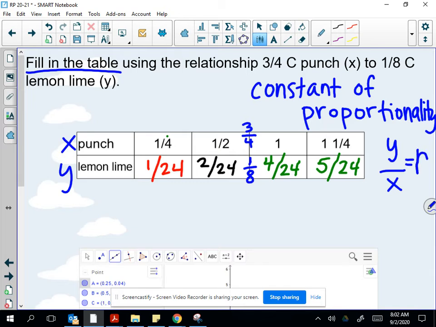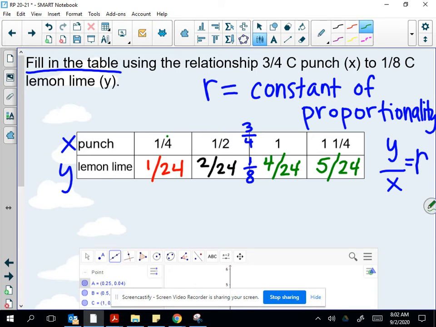R represents the constant of proportionality. In this table, if I put my y value over my x value and divide that out, because it's proportional, I should get the same answer every time. So let's try this. Let's find the constant of proportionality using some of the values that we have.